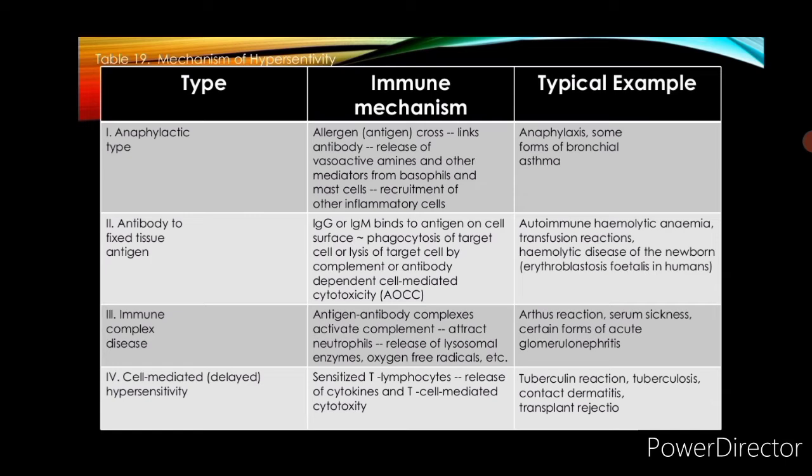The type 3 reaction, the typical examples of disease are Arthus reaction, serum sickness, and certain forms of acute glomerulonephritis. And the type 4 or cell-mediated, the typical examples are tuberculin reaction, tuberculosis, contact dermatitis, and transplant rejection.